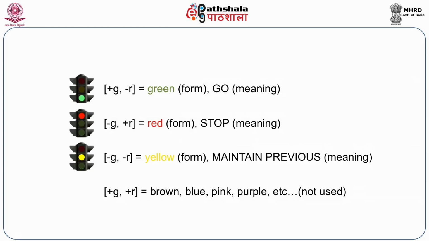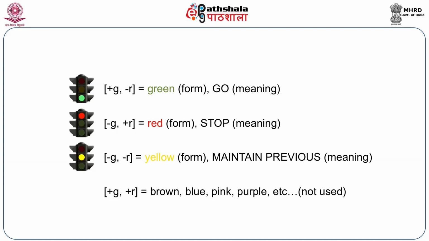This yields the following meanings. When a light is plus green minus red, it is green in form and its meaning is go. When a light is minus green plus red, it is red in form and its meaning is stop.